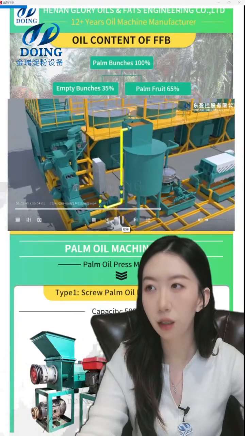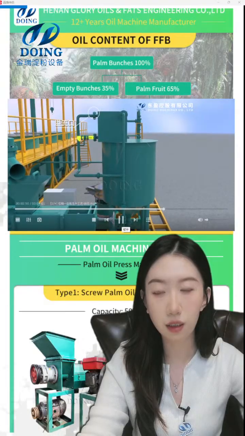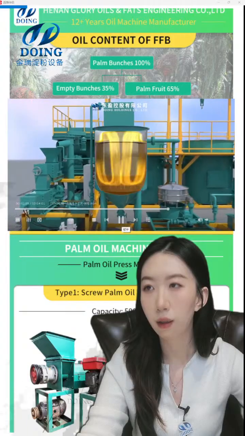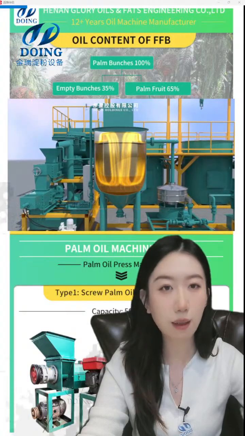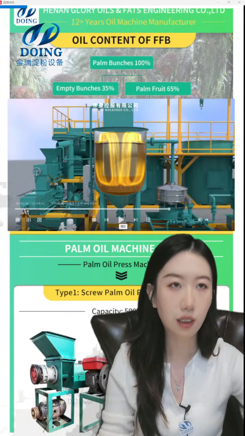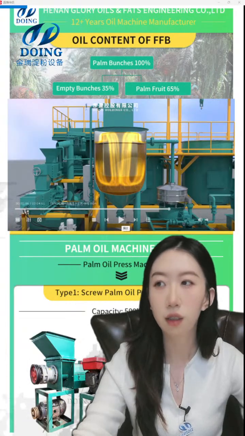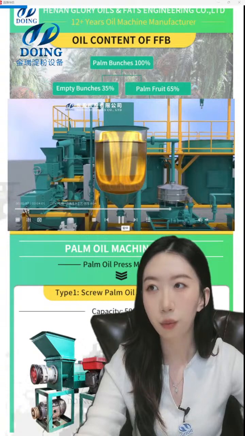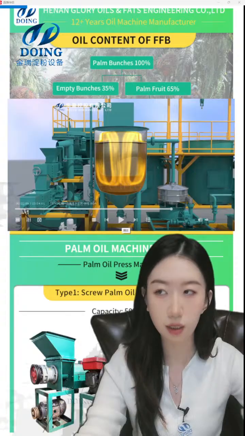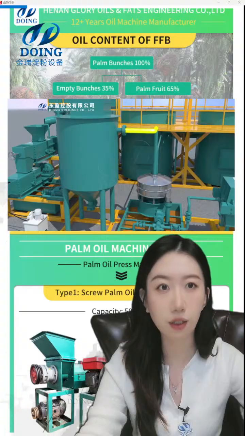After pressing, the crude palm oil is discharged, but there are many impurities in the crude palm oil, such as peel, kernel fiber, and mud. So next, we set 3 machines for the clarification steps. The first machine is a clarification tank.